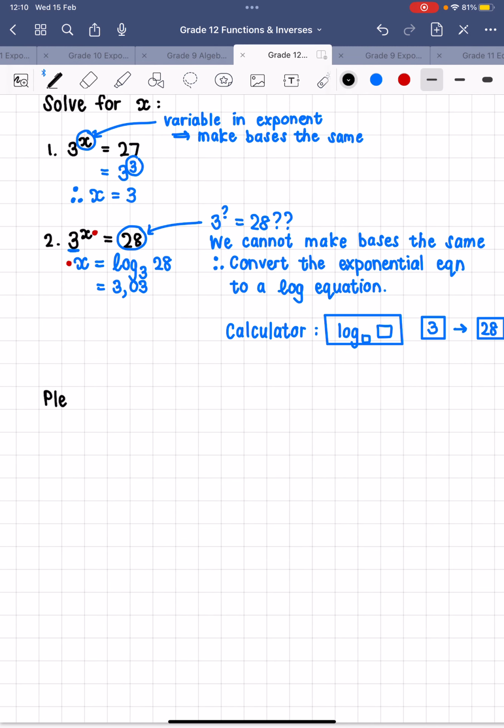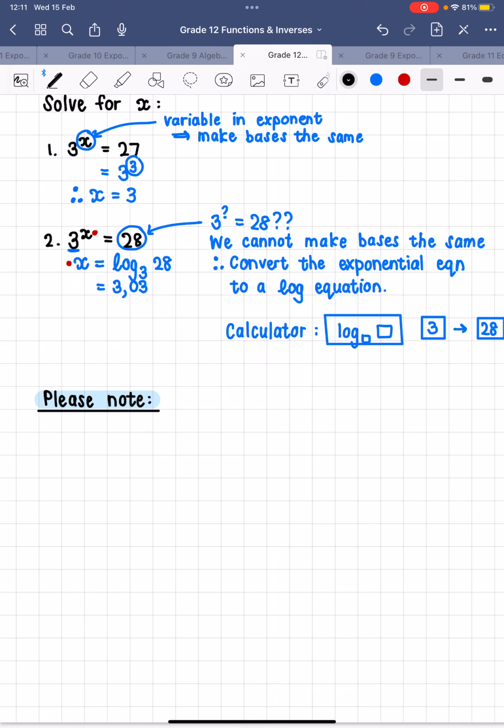Please note, these are just a few things that you need to remember about logs and log equations. We've never worked with equations like these ones before, and they have certain restrictions to them.